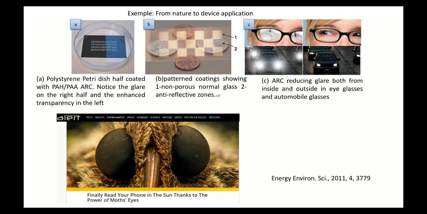Otherwise you have to increase the brightness. Once the brightness becomes higher than the reflection, then you are able to get the information. So this is an example of how we can learn from nature and make some actual applications.